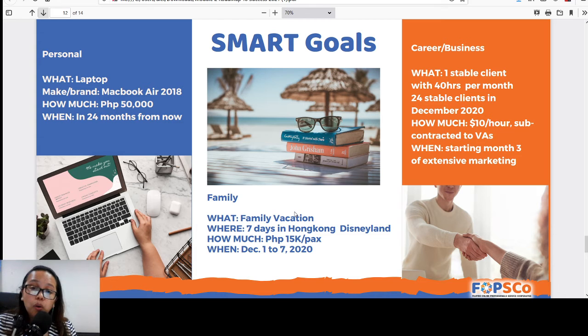So what will you do to achieve these goals? Of course, number one, you have to prepare the money. So you have to save for it. We try to have a trust fund or a thrift fund, and you just put money into it. Then if you want to go to Hong Kong, of course you have to start researching about it. Maybe you ask agencies or look into the flights, the hotel accommodations, and other places you might visit in Hong Kong. Maybe like shopping. We love shopping.